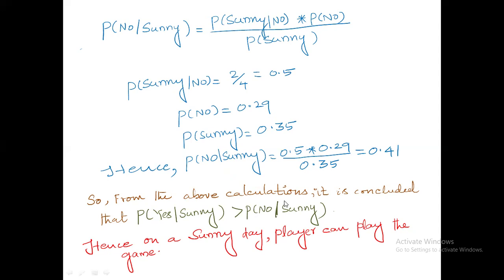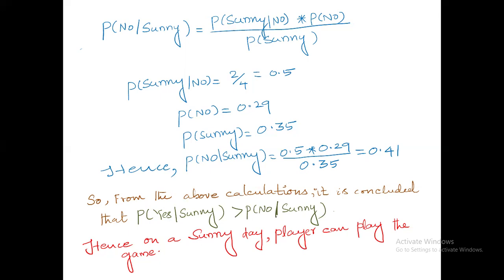So from the above calculations we come to the conclusion that the probability of yes given sunny is greater than probability of no given sunny. So what is the conclusion for this problem? On a sunny day, the player can play the game.